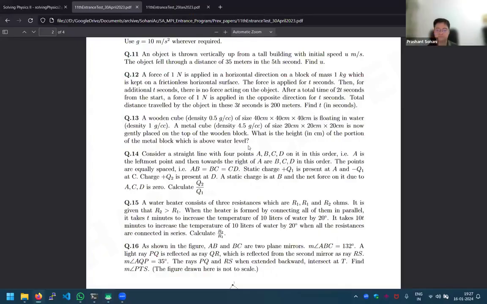So question 13. This is about density, buoyancy, those kinds of topics.